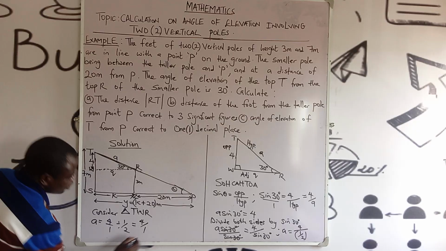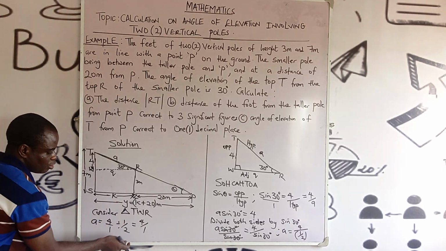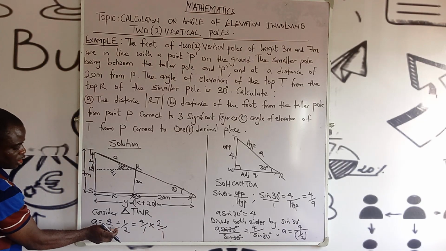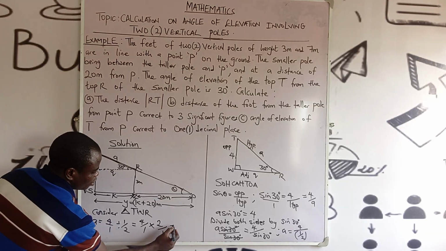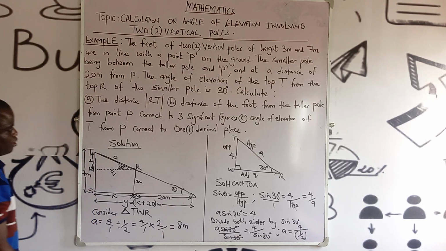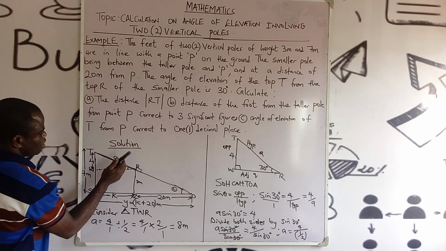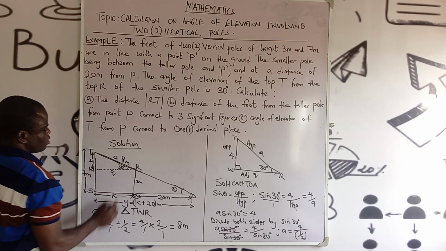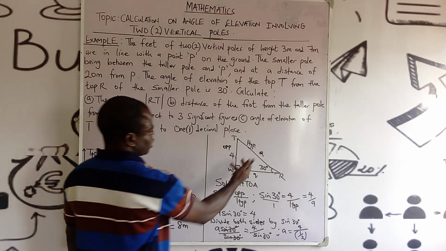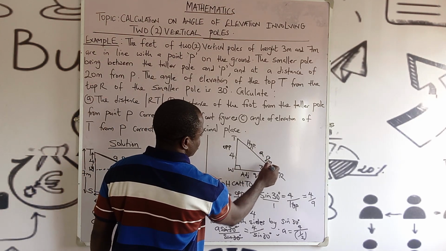Change division to multiplication: the denominator moves to the numerator and the numerator to the denominator, you interchange it, it becomes 2 over 1. 4 times 2 divided by 1 is 8 meters. So our A is 8 meters. We have gotten A to be 8 meters.